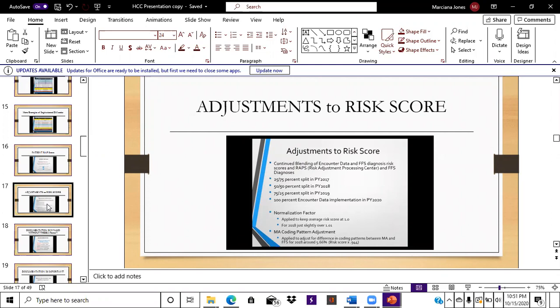They're more aggressive at coding than traditional Medicare because they're under different guidelines, and there's no one really overlooking their coding. So you'll see about a 5.66% deficit for the risk scores, meaning they'll get about 94% of their risk scores compared to the non-MA plans or traditional Medicare.